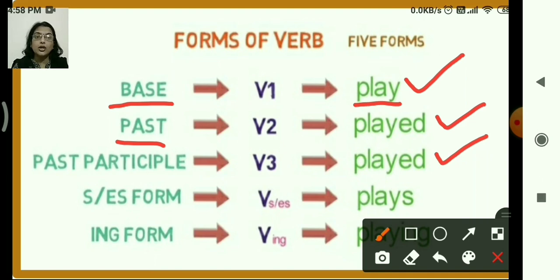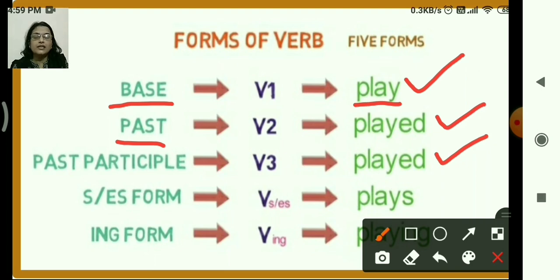Go, went, gone. So it is not compulsory that the past participle will always be formed using ed only. Some other words are also possible, right? So for the past participle, you have to see what the base form is, and from that base form you have to see what the past participle will be. Okay, so here for play we have played, right?